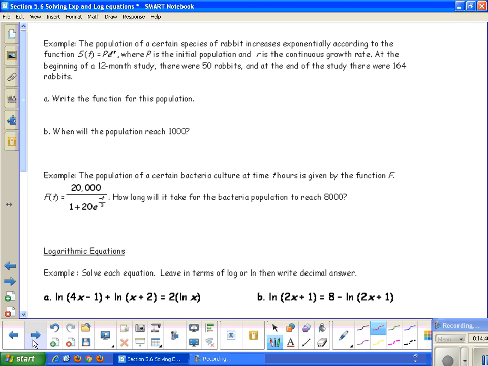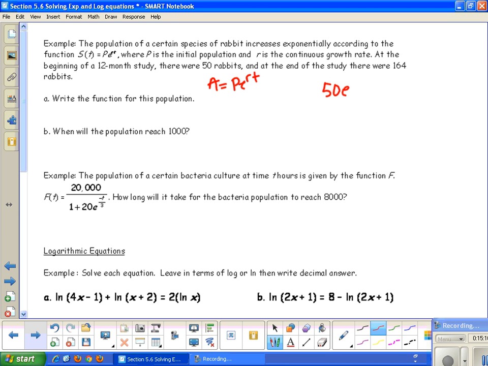So in this case, we were not given that. We were given that they initially started off with 50 rabbits, so we do know that. So I'm using A equals P e to the rt power. So for this, I know I started off with 50, and I know that's going to be times e because that's always in my equation.